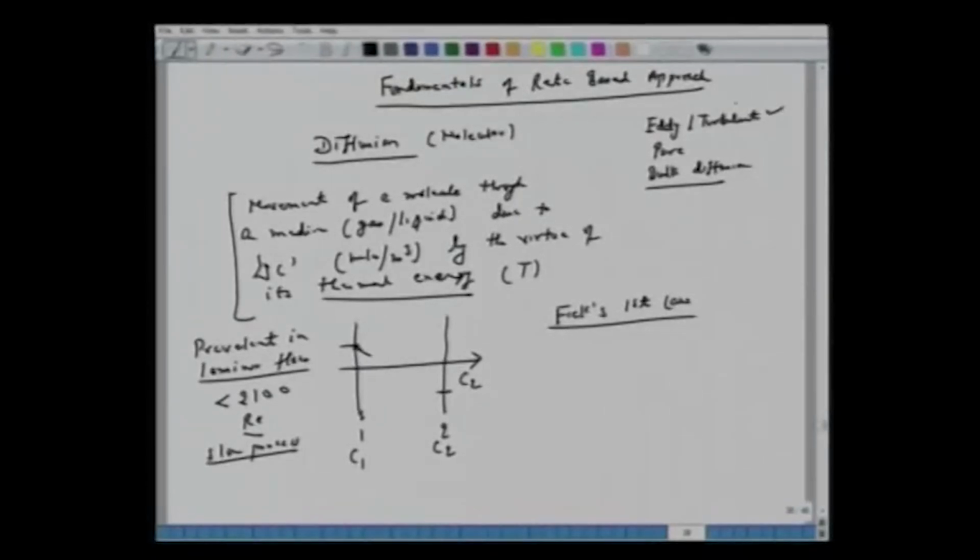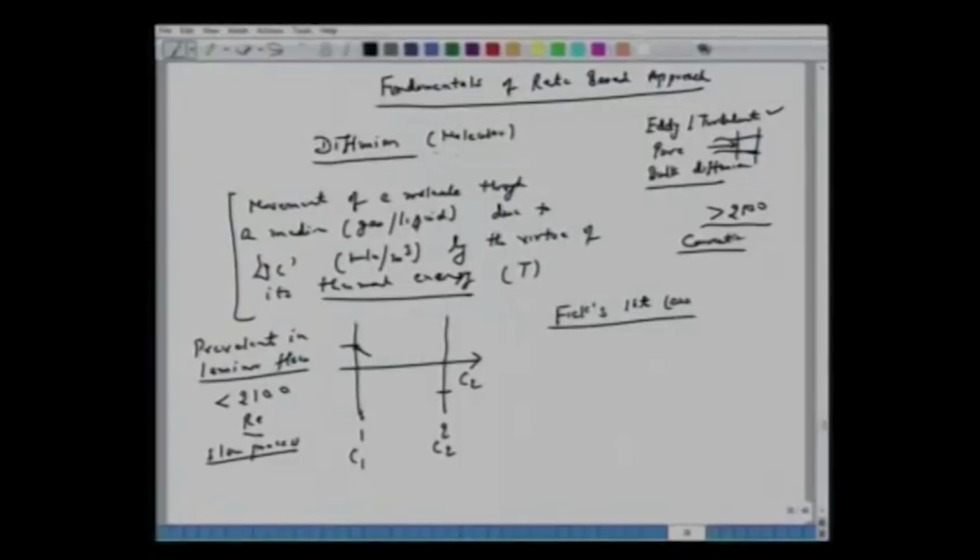When we say eddy diffusion, then we are talking of very large Reynolds number, in which this molecular diffusion is still prevalent, but net rate of transport of this molecule is much higher in turbulent flow. So there is an effect of convection there, or there are eddies there. Similarly, when we talk of pore diffusion, then molecules here also get diffused, they transfer from one plane to another plane, but by different mechanism here. The presence of wall makes a difference here.